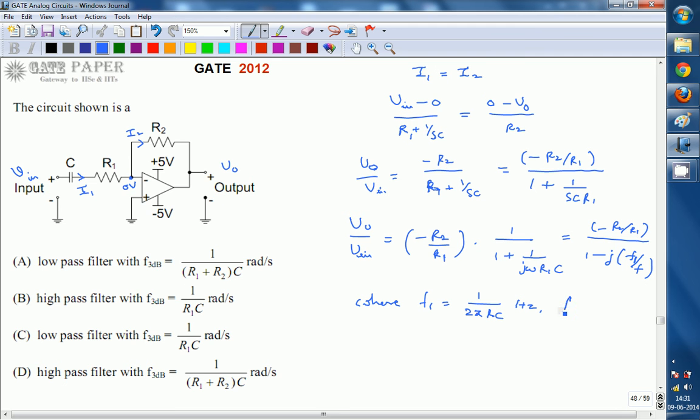Otherwise you can write it as 1 by R1 C in radians per second.